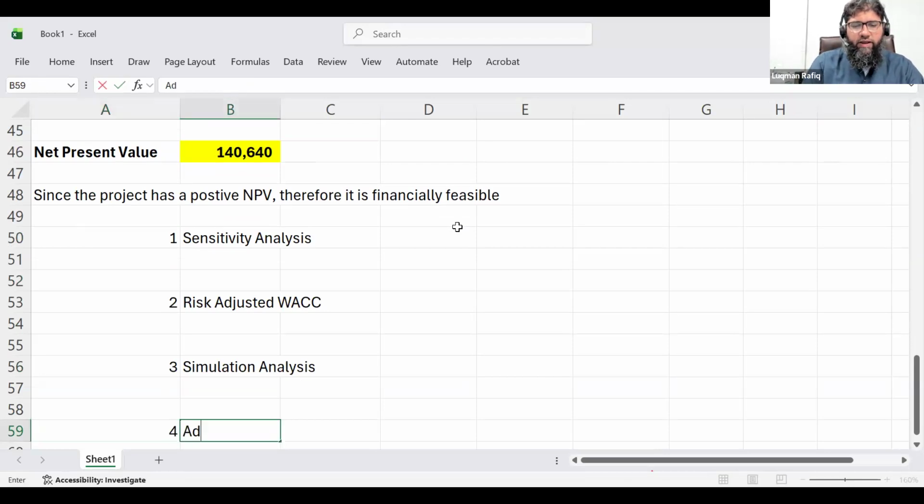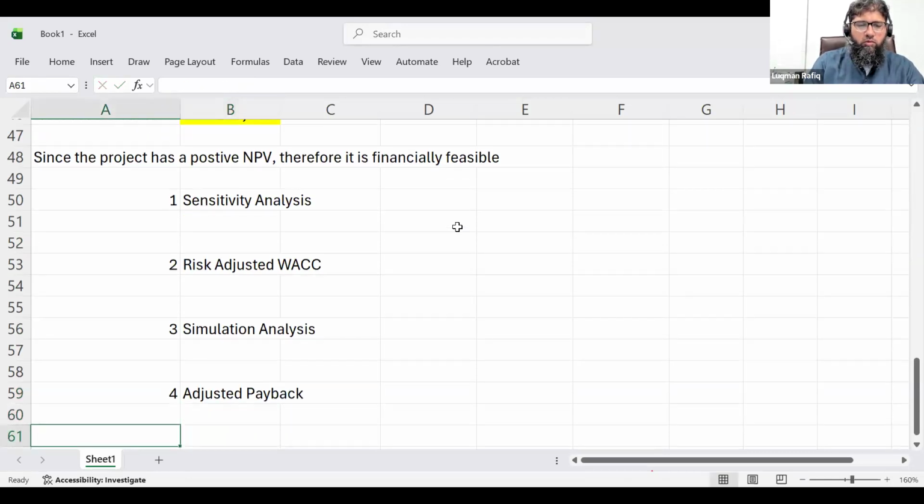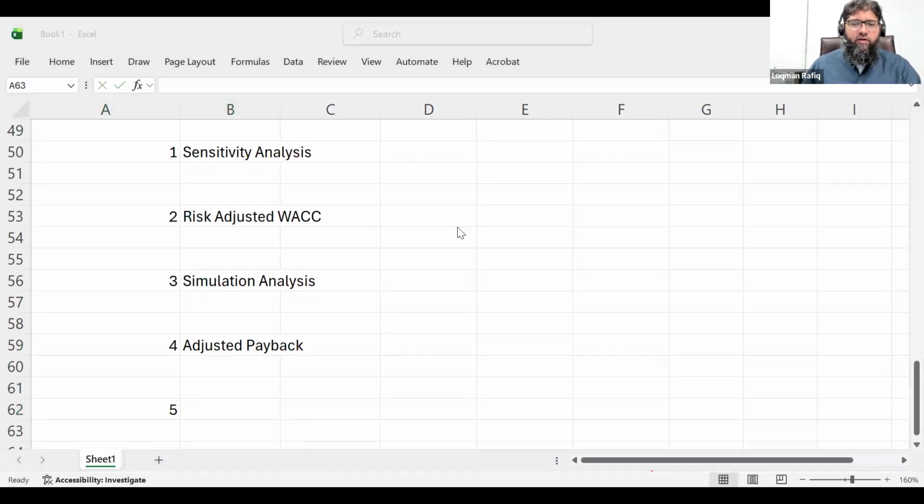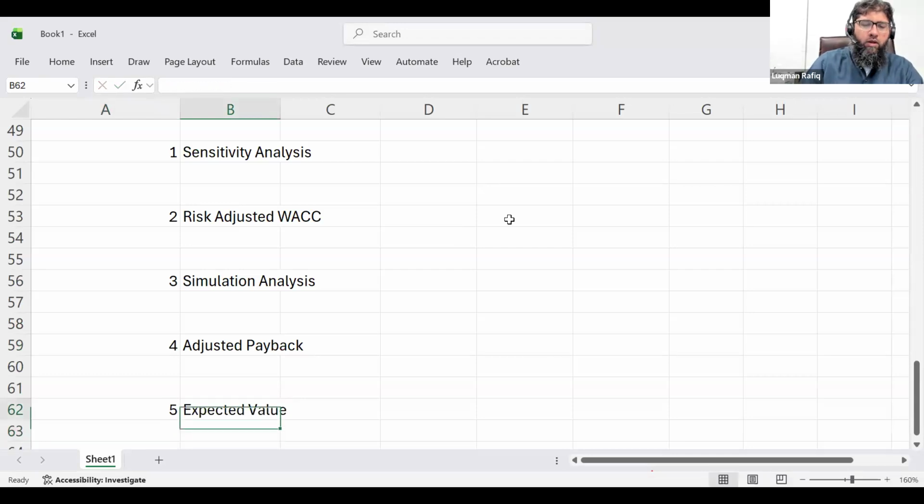Fourth one is adjusted payback. So there are a few techniques that are actually being used. Another one of them is the expected value technique.